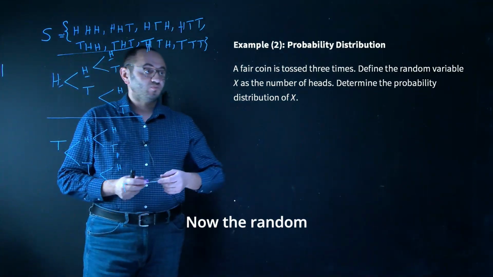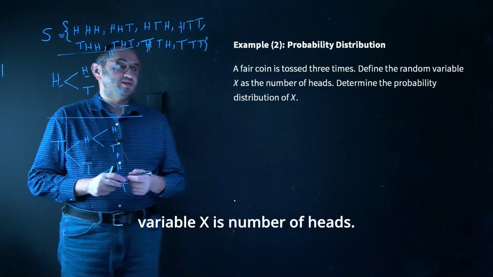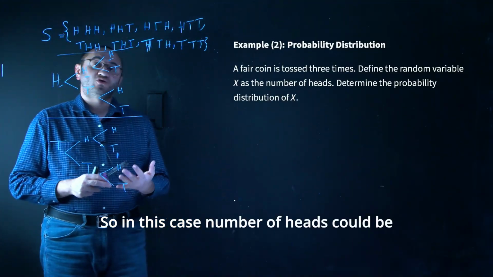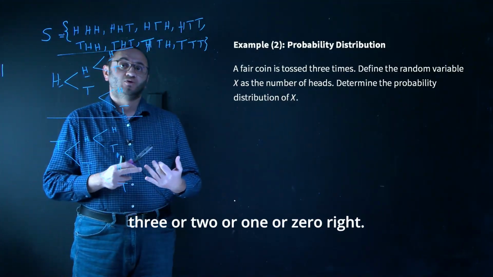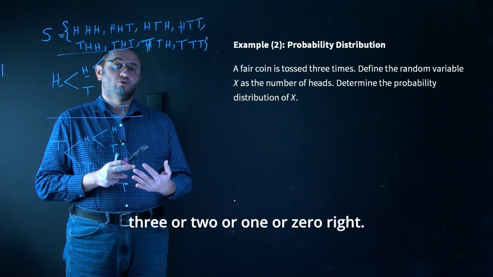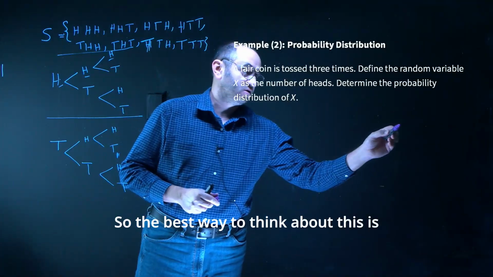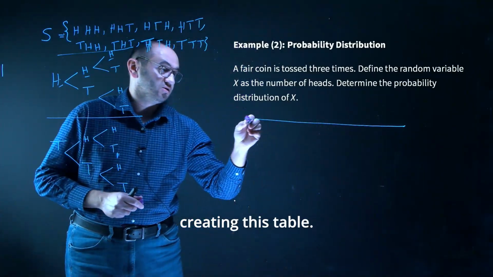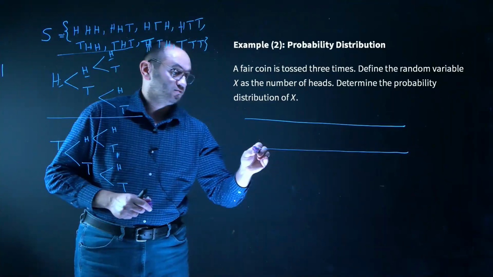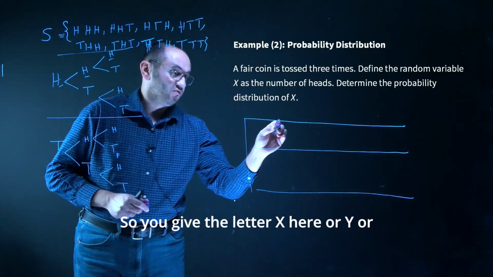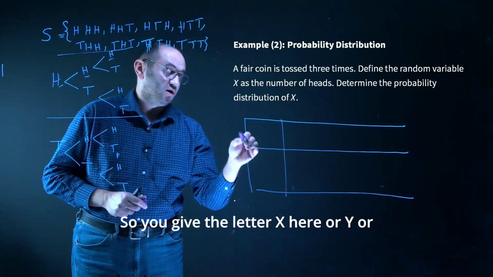Now, the random variable X is the number of heads. So in this case, the number of heads could be 3, 2, 1, or 0. The best way to think about this is creating a table.